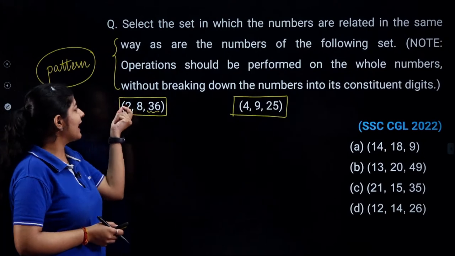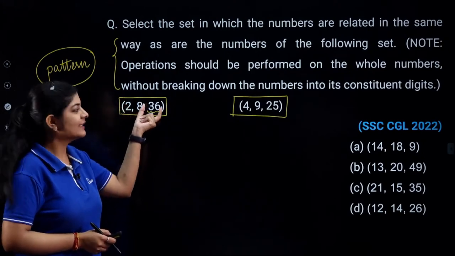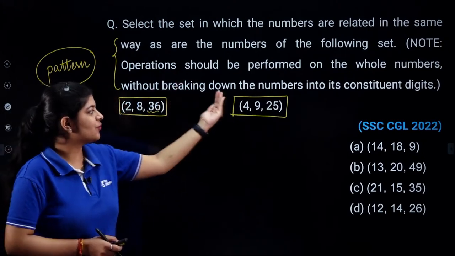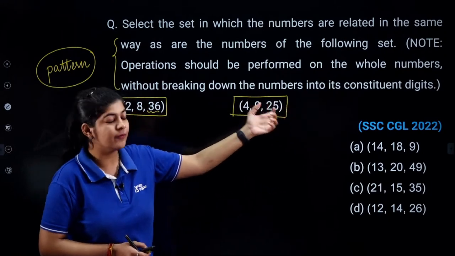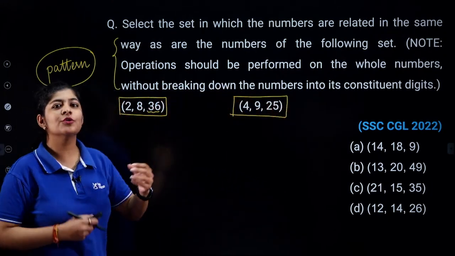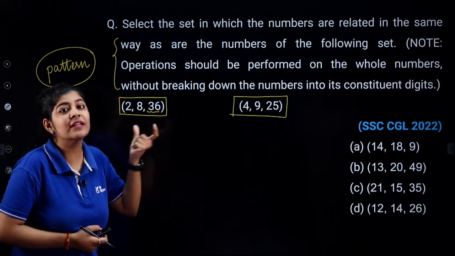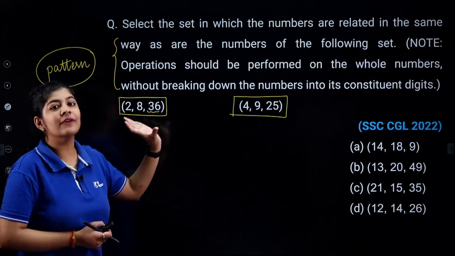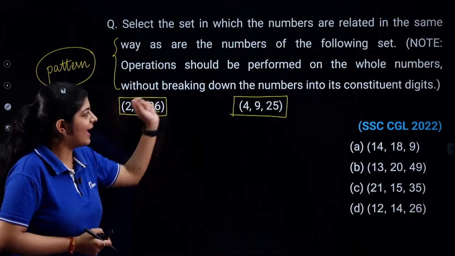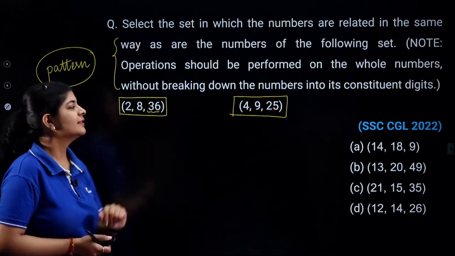Here we are having 2, 8, 36 and the next clue is 4, 9, 25. You just need to figure out what pattern we are getting, and identify the similar pattern in the options.